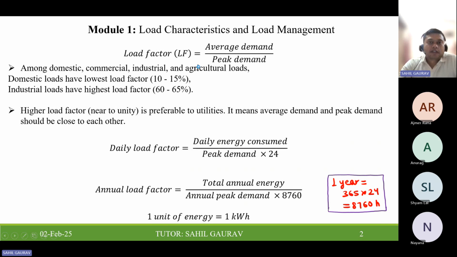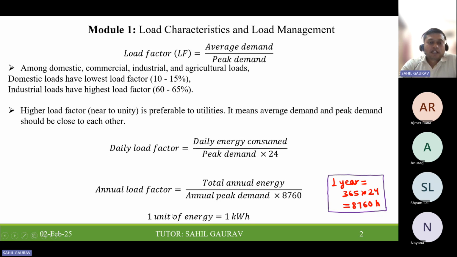If you know the load factor, you can also write the expression for daily load factor. Daily load factor is the daily energy consumed divided by peak demand times 24 hours. In a day we have 24 hours, so we divide the daily energy consumption by 24 to get the average demand of the day.